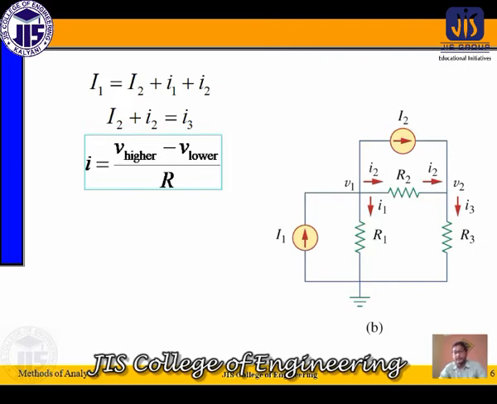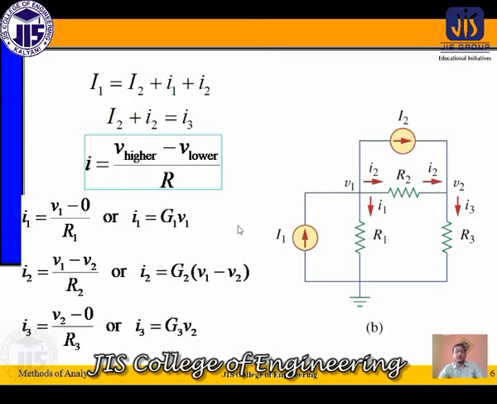We can measure that potential difference as the higher potential minus the lower potential, that means the potential of one point minus the potential of another point of any branch. So we can consider the current for any particular branch as the higher potential minus lower potential divided by the resistance.